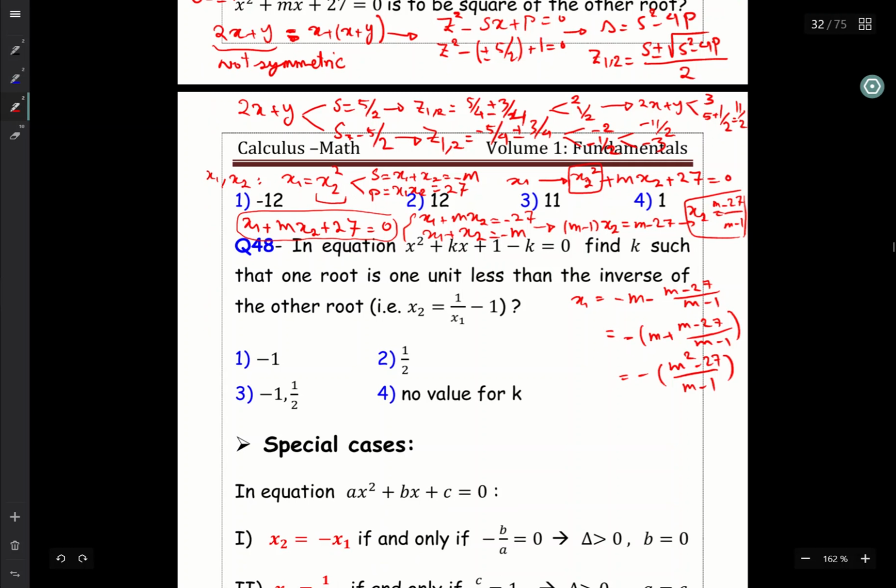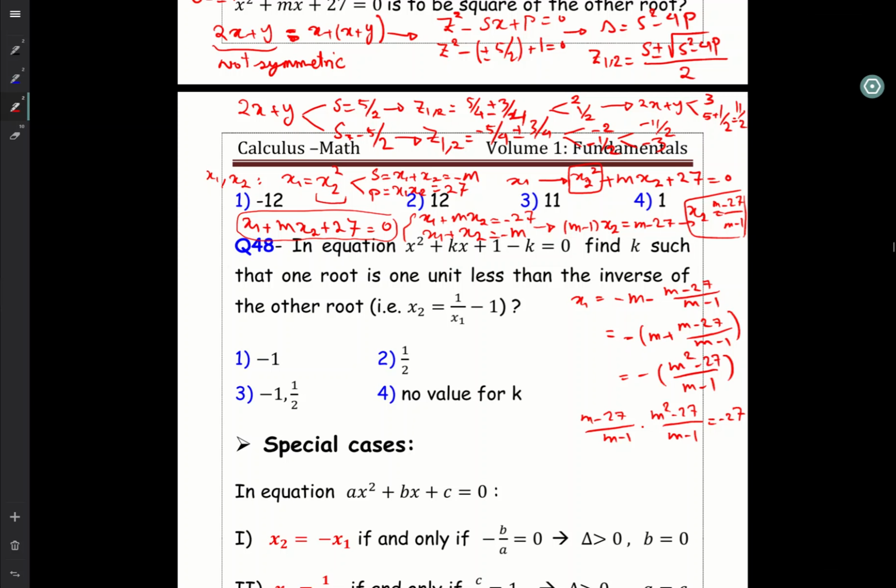And then x1 times x2 should be equal to 27. So x1 times x2, (m minus 27) over (m minus 1) times (m squared minus 27) over (m minus 1), should be minus 27. And we can solve for m. We can solve this equation to find m, right?